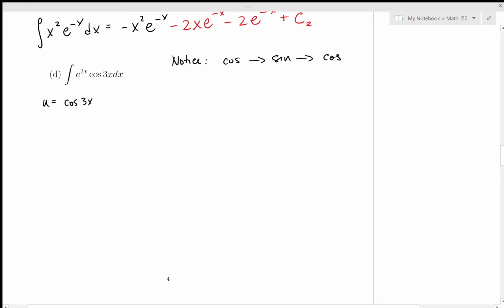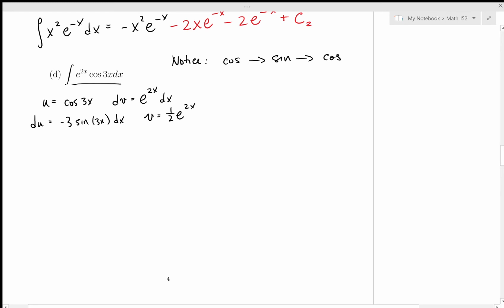And then dv will be the rest of the integrand. So dv will be e to the 2x dx. Then I take the derivative, du, and that is minus 3 sine 3x dx. And then I integrate dv, and I see that v is 1/2 e to the 2x.